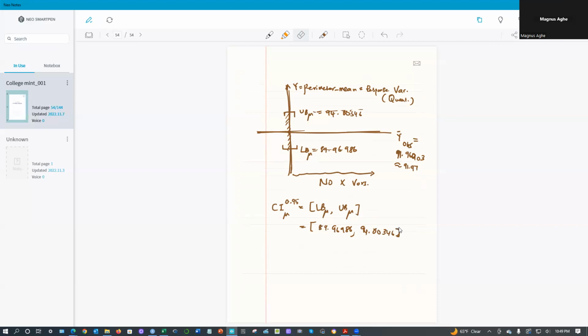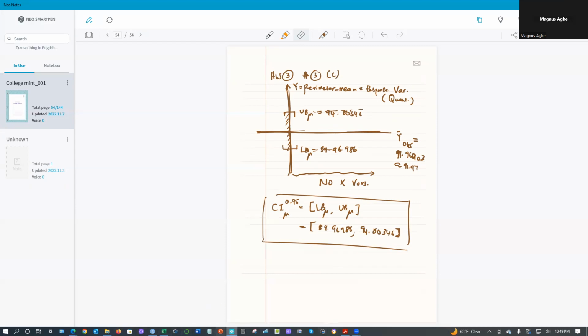I use the brackets to indicate that the endpoints are included in this interval. That's how you're going to run question number 3, part C. That's one way to get it done.